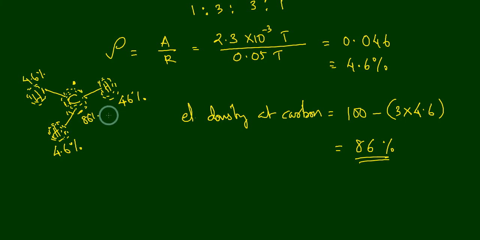This is the meaning of saying that the electron density at carbon is 86 percent.